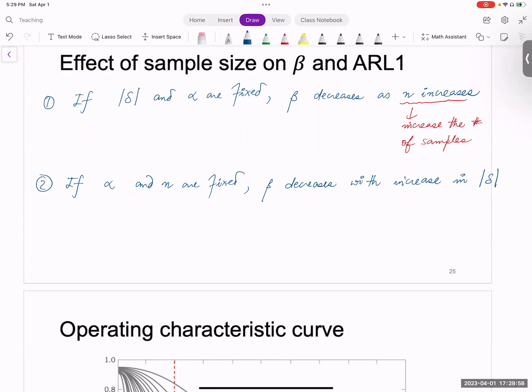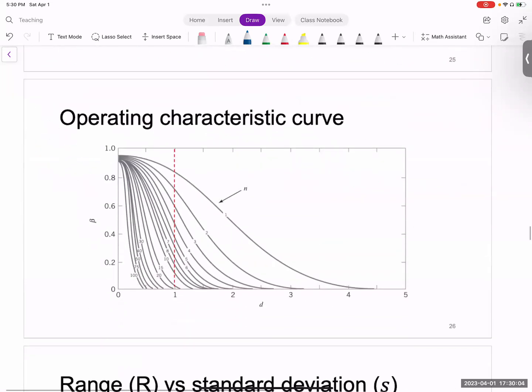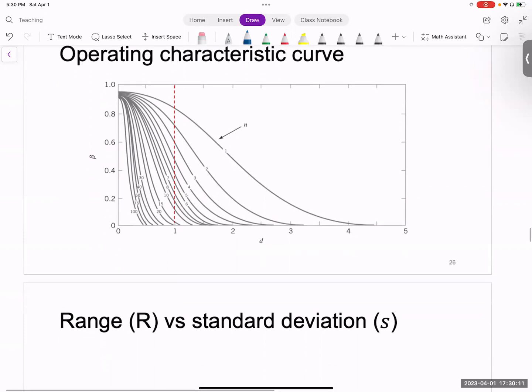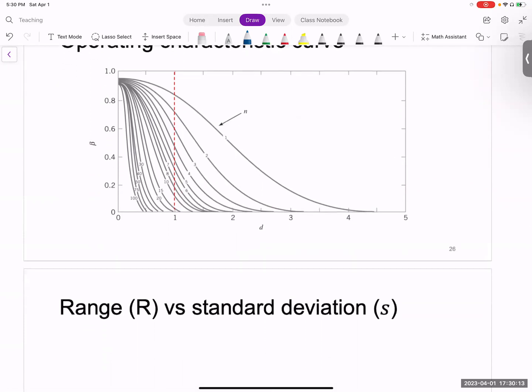All right. So these are the two important properties that I would want you to remember about control charts. And these two properties are very nicely captured in this curve called the operating characteristic curve. On the x-axis, this gives you the value of D, which is the absolute value of delta divided by sigma. Sigma is constant.